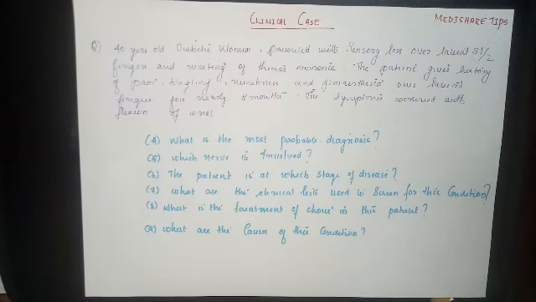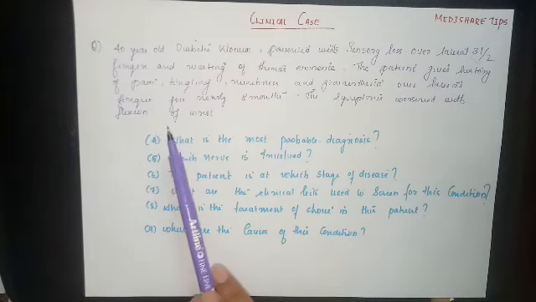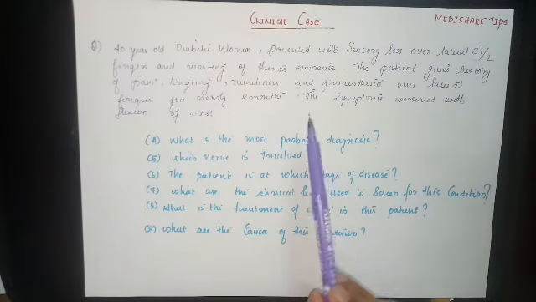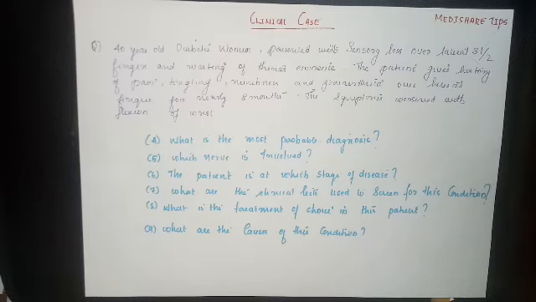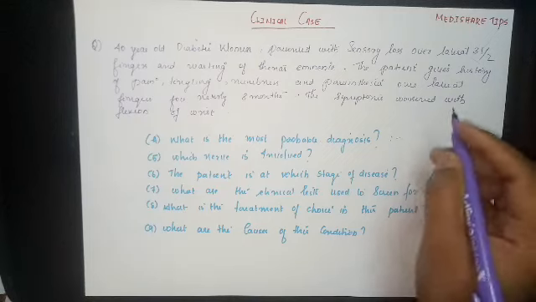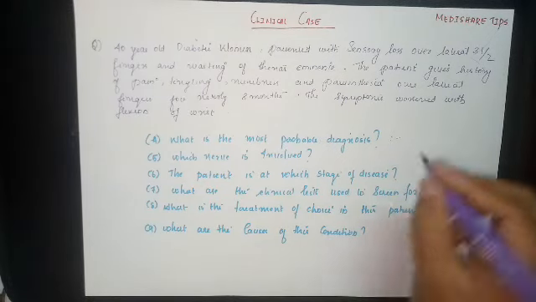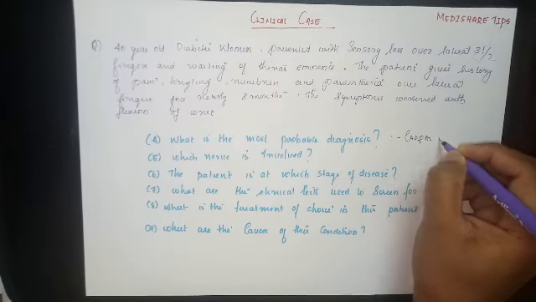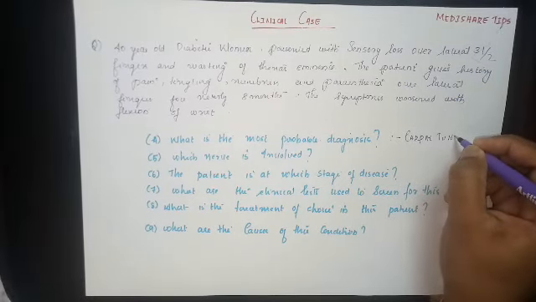The patient gives a history of pain, tingling, numbness and paresthesia over the lateral fingers for the last 8 months. The symptoms worsen with flexion of the wrist. What is the most probable diagnosis? From the history and the worsening of symptoms with flexion of the wrist, all this points towards carpal tunnel syndrome. So the diagnosis is carpal tunnel syndrome.